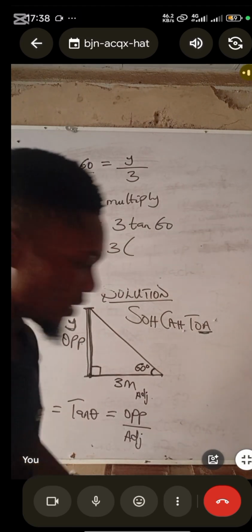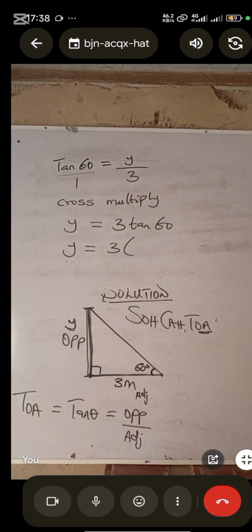You can check tan 60 degrees on your calculator. 5.20.